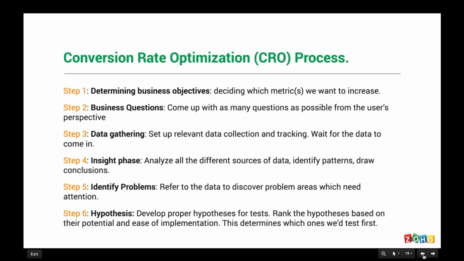They have access to the data from Google Analytics and a lot of other analytics tools, but they do not know what to do with the data. If we start with business questions, we know the exact purpose for the data. We know why the data is there. It's to answer these questions. So any data that is not answering the questions that you've already come up with is not useful at all.